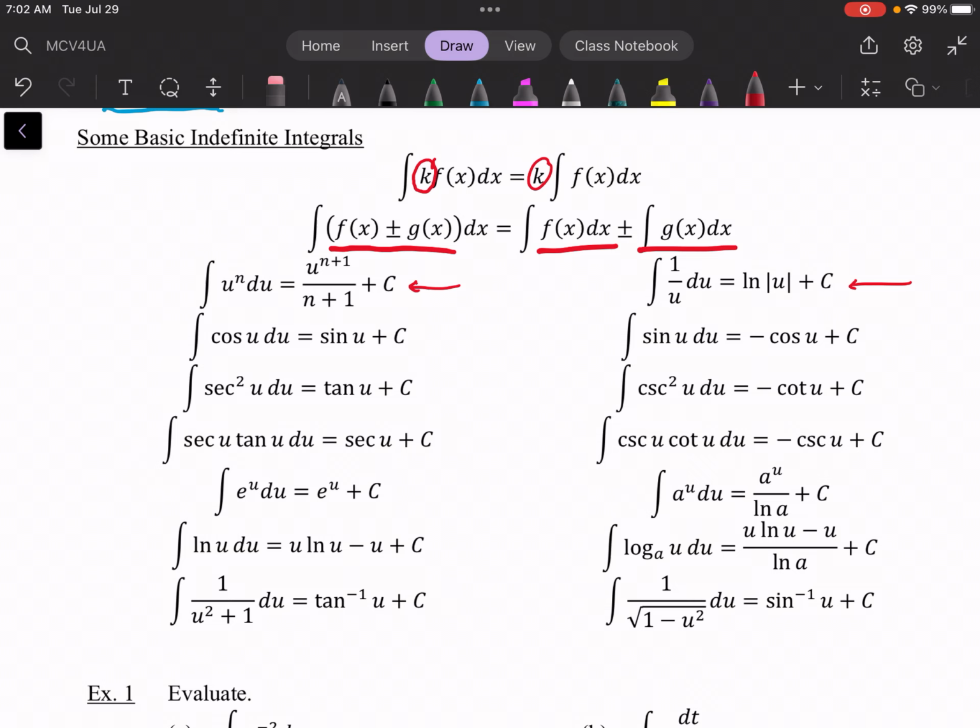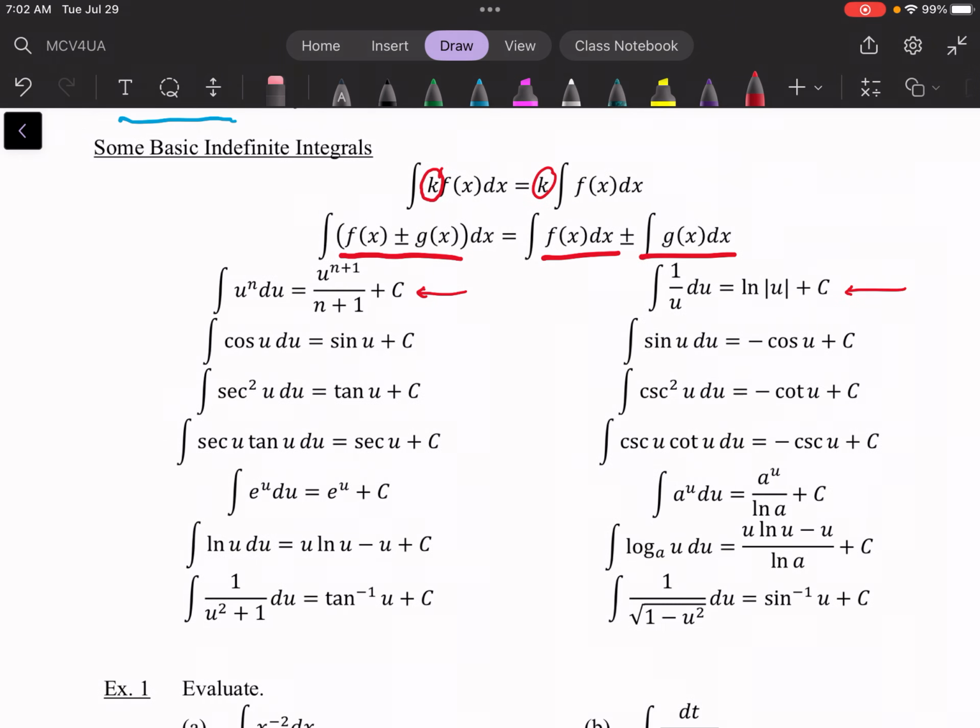The next bunch are antiderivatives of trigonometric functions. We have sine, negative cosine, tangent, negative cotangent, secant, and negative cosecant. Again, most people memorize these.